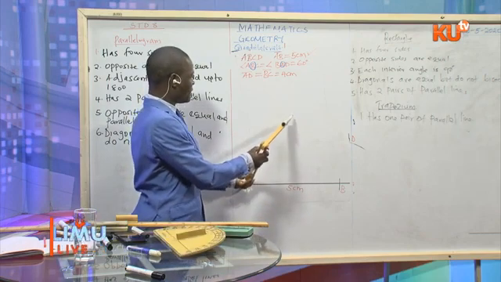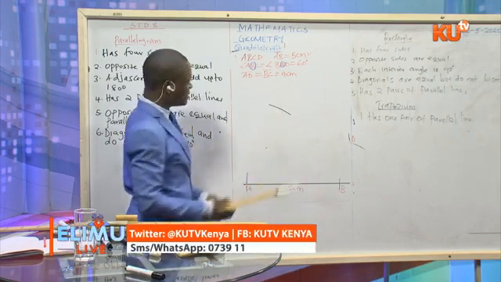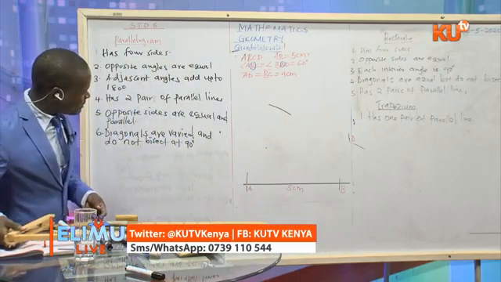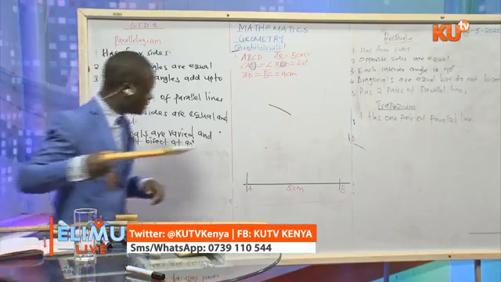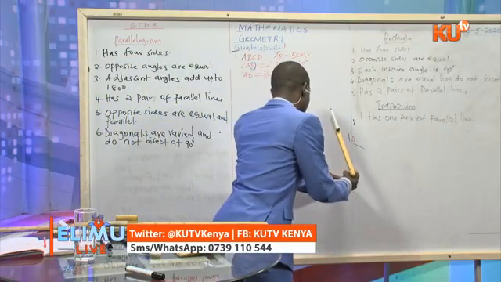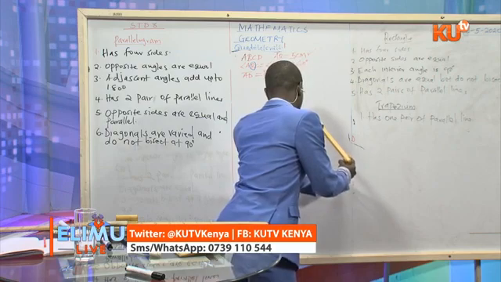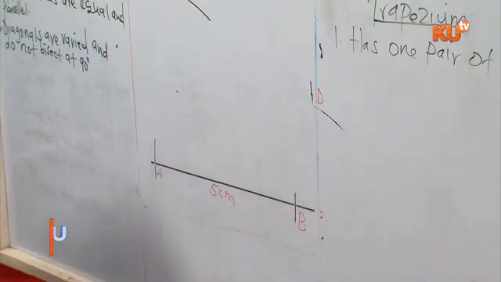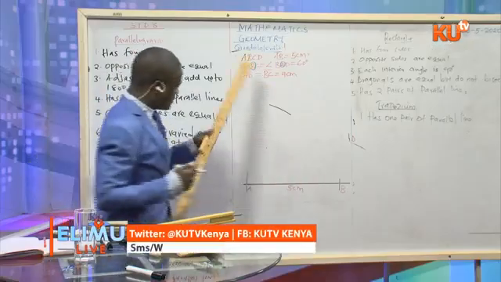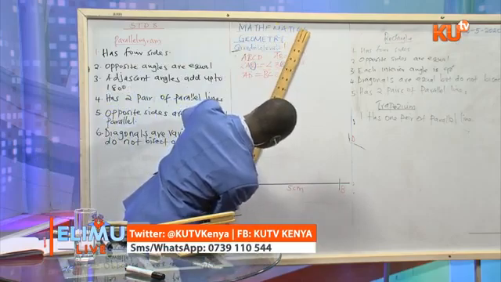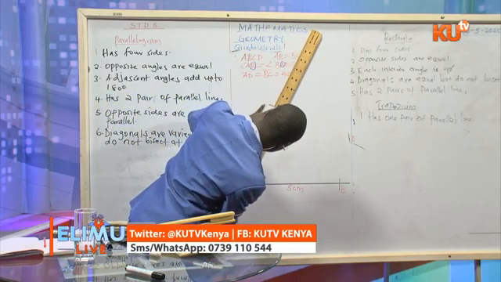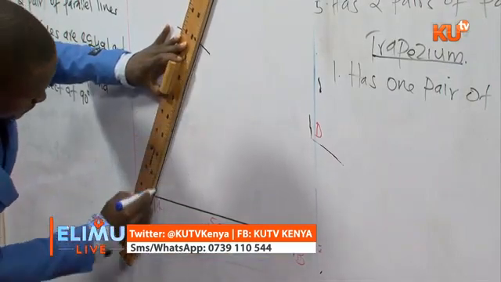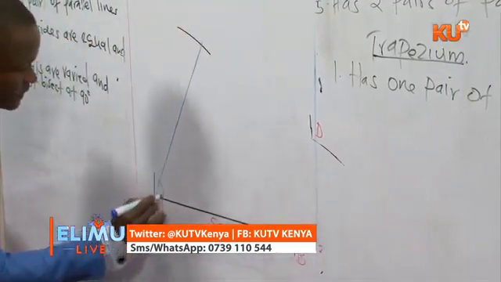So draw the arc above the dot, like that. Let me just join this first. So let's join this part here. So this is 60 degrees.